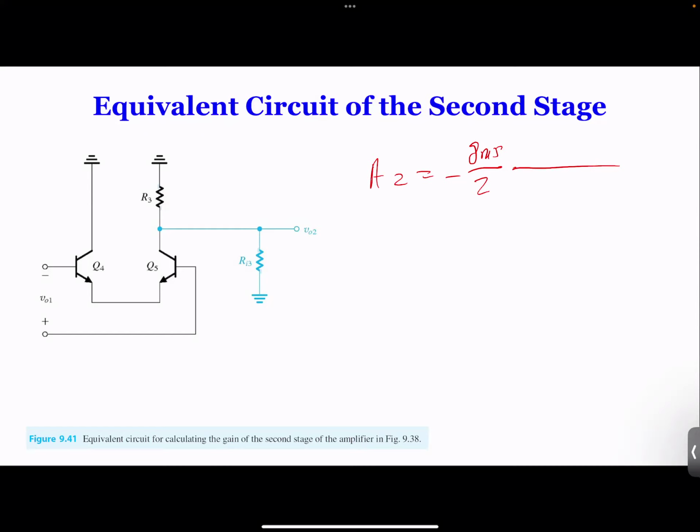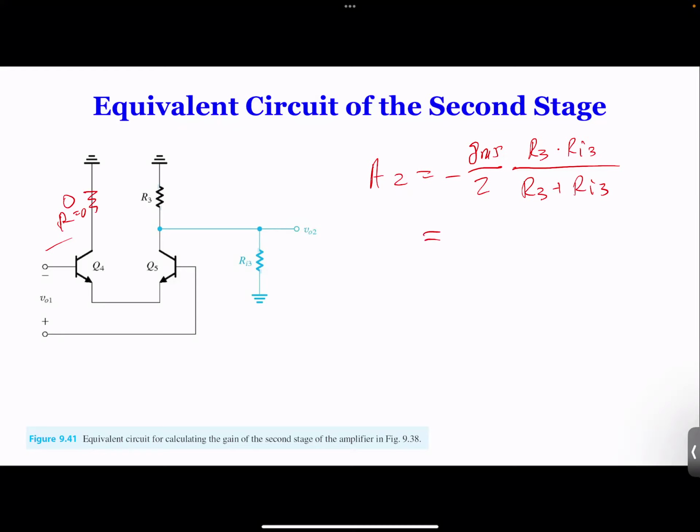In this case, it will be R3 times Ri3 over R3 plus Ri3. The reason we can do this is because this R is 0. So R here is equal to 0. Therefore, by the equation from the previous page, you would simply remove the one with R, and you get this one.